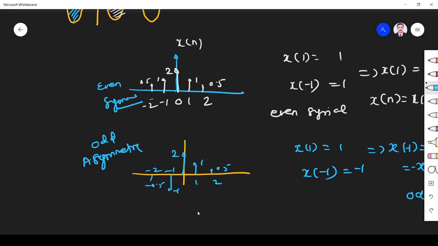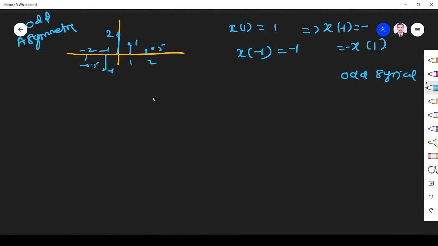And another thing you have to understand here is any signal can be decomposed into even and odd components. For example, you can decompose x of t as x e of t plus x o of t. E means even, O means odd. Right? This is how any signal can be decomposed. Clear? So let us assume, what is x of minus t for this?